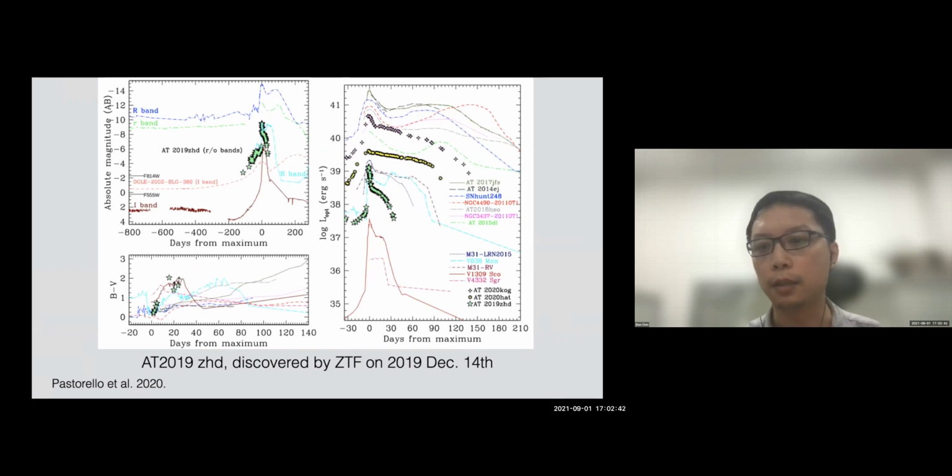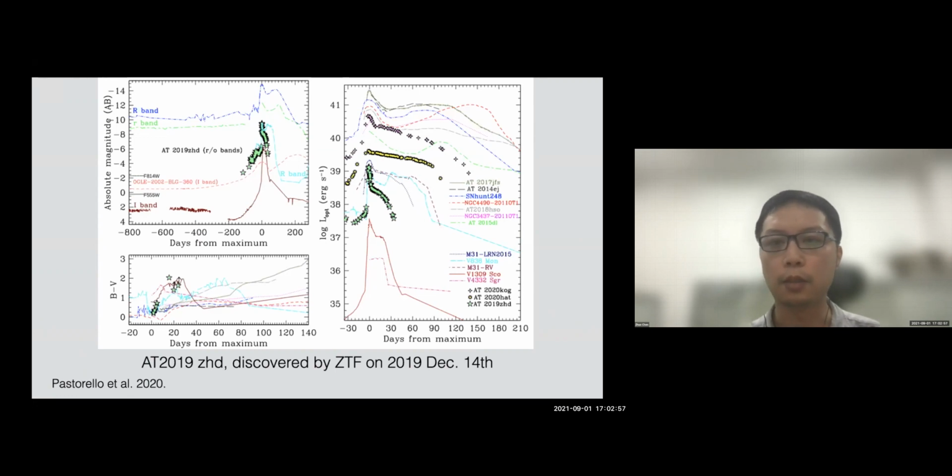We can see that the light curve of AT2019zhd is similar to V39 Scl, but roughly 100 times more luminous.